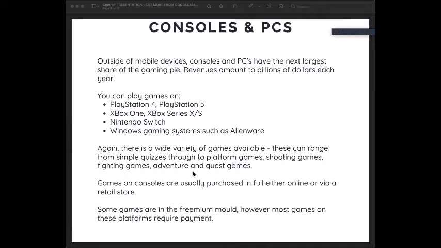The Nintendo Switch we saw, and of course, there's Windows gaming systems, and there's dedicated Windows gaming systems, such as Alienware systems. These are very high-end, very expensive systems. They're there for the people who get seriously into gaming. And there are actually quite a few seniors who do get into serious console and PC high-end gaming.